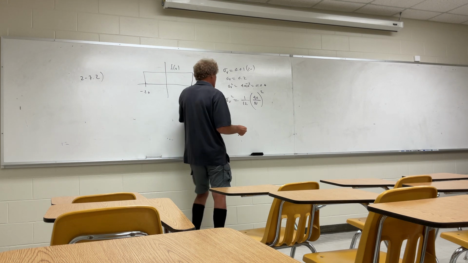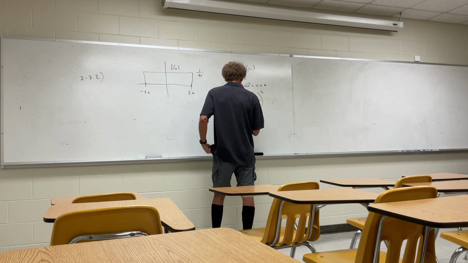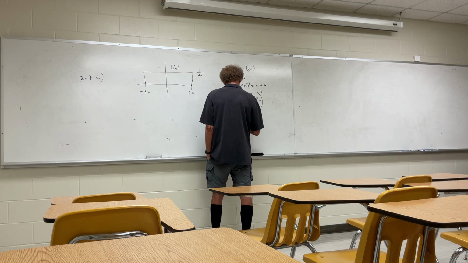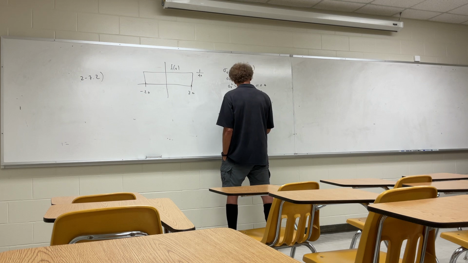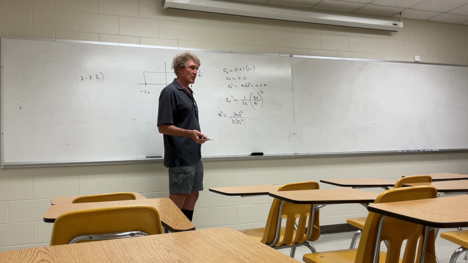If I multiply by n squared, n squared is equal to 1/12 times 40 squared divided by sigma v squared. Then I'm going to take the square root of both sides.